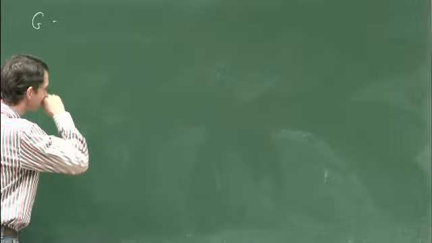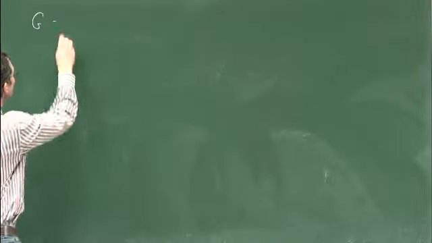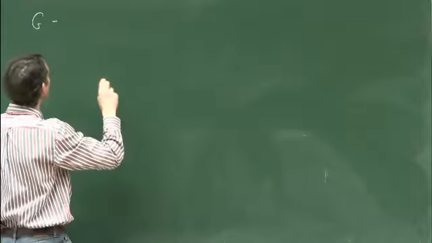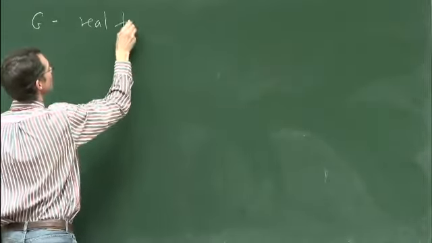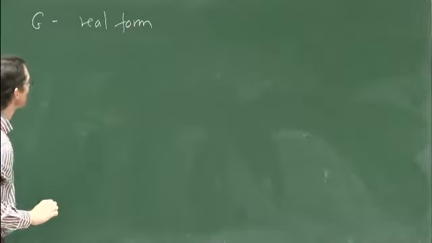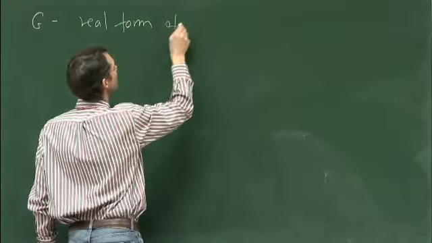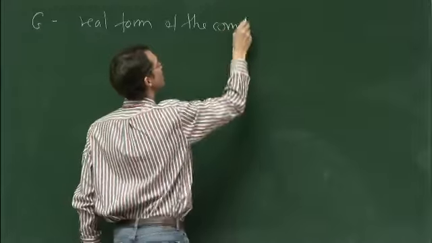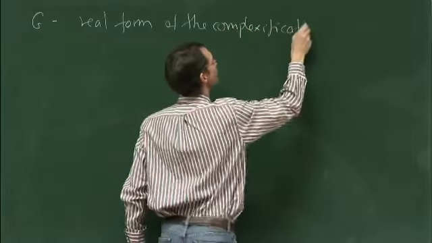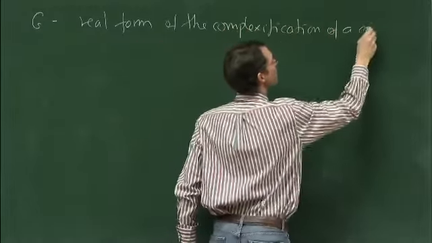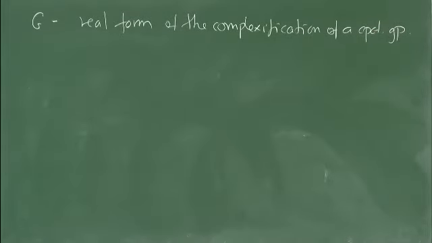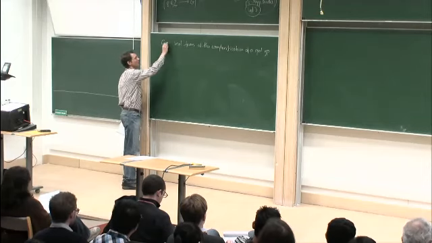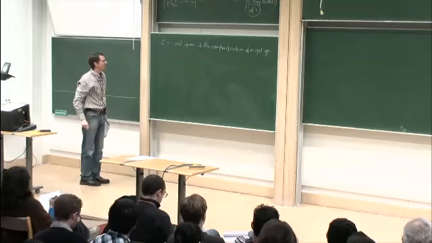One possible way of thinking about it, which is not the most general, maybe not the best way, but one way to have something to think about, is a real form of the complexification of a compact group. This leaves out some relevant and interesting cases, but it is one good thing to have in your mind. Anyway, there are many other ways of defining this.